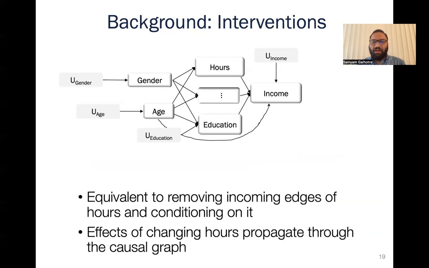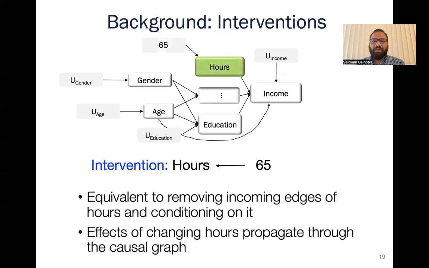Now, given this causal graph, we model the notion of an intervention as the case where we want to forcefully change an attribute value to some specific value, and this change is allowed to impact other attributes in the graph. For example, consider a case where the hours is intervened to 65. In terms of the causal graph, this phenomenon is equivalent to removing the dependency of hours on which it was originally dependent.